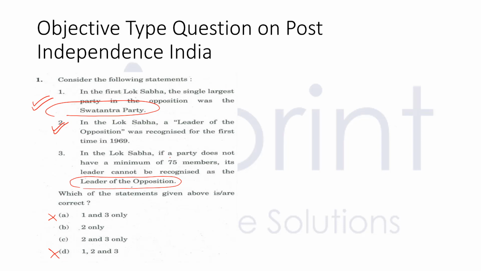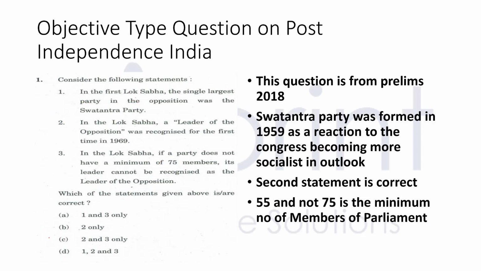So it is not 75 but 55. Hence, the answer is B, that is 2 only. I would urge you to read about the leader of the opposition controversy; you can go through the Indian Express explained page for that.